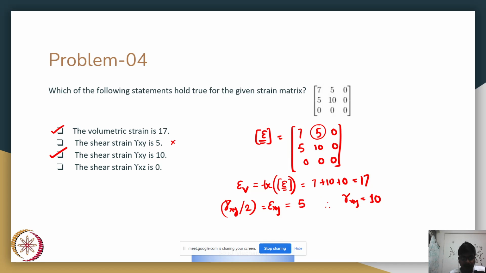And finally, it asks about shear strain gamma xz. Again, gamma xz by 2 is epsilon xz, which should be which value? This value, right?